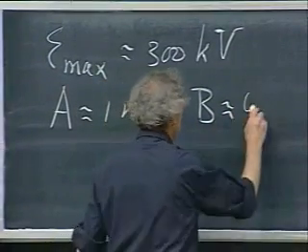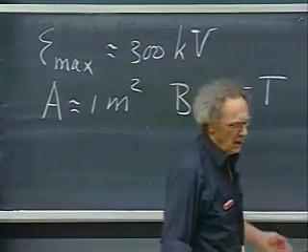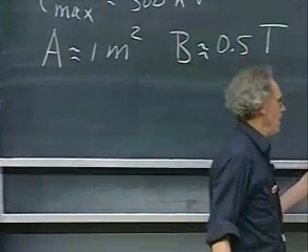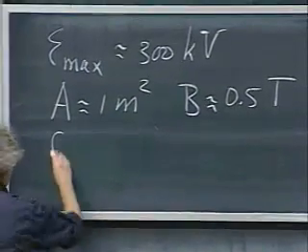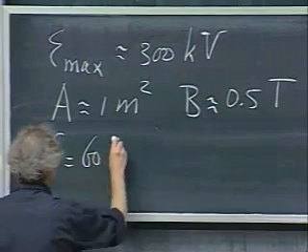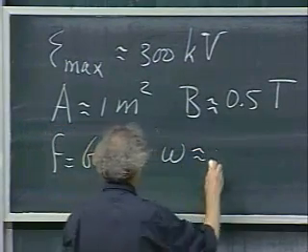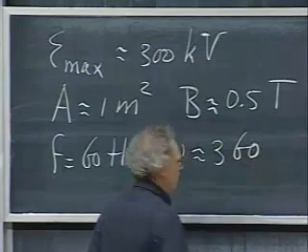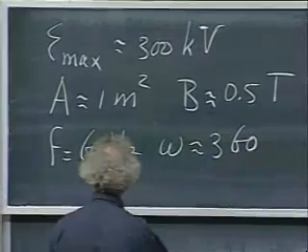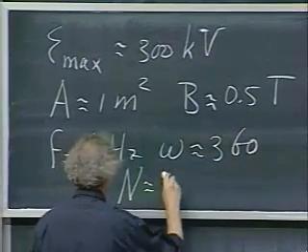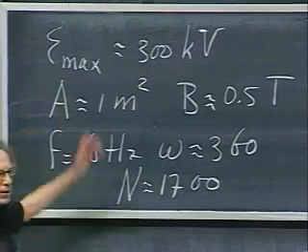It's by no means unreasonable numbers. And if now you want 60 Hertz frequency, so your frequency f is 60 Hertz, so your omega is about 6 times higher, 2 pi higher, it's about 360 radians per second. If now you have about 1700 windings, and you can check that at home, then you get your 300 kilovolts.